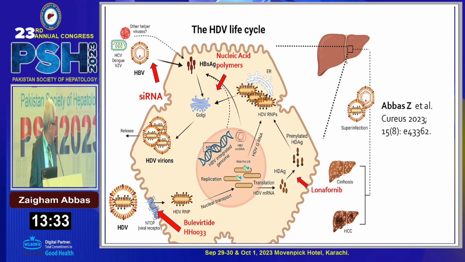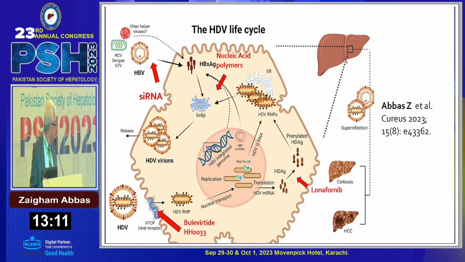We have one enzyme called farnesyl transferase. If we inhibit this host enzyme, and the drug being used is lonafarnib, then perhaps we may prevent the formation of any effective D antigen. So this is another drug which is being tried.